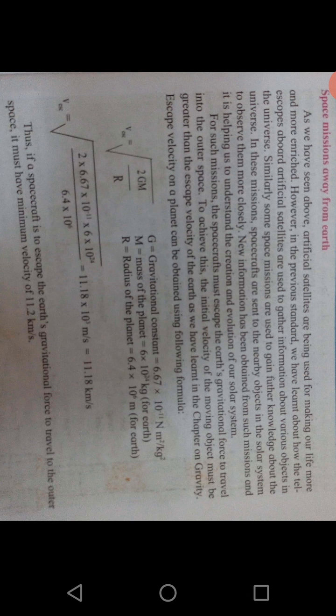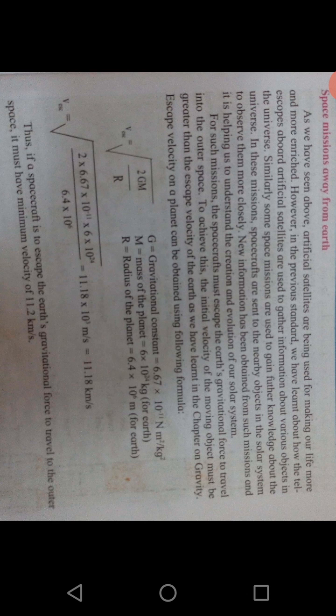M is the mass of that planet and it is 6 into 10 raised to 24 kg for Earth. And R is the radius of that planet. It is 6.4 into 10 raised to 6 meter for Earth.